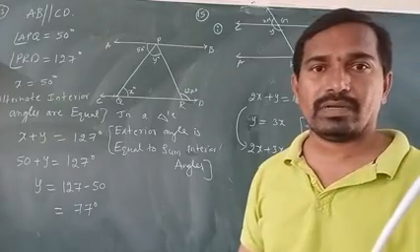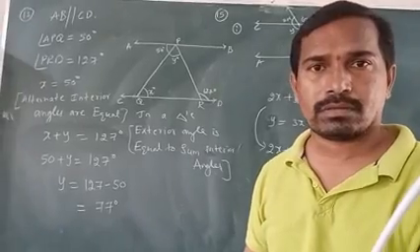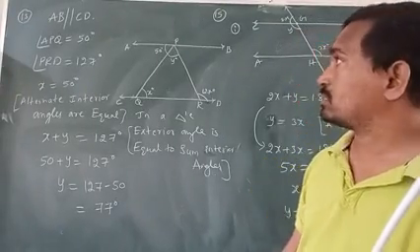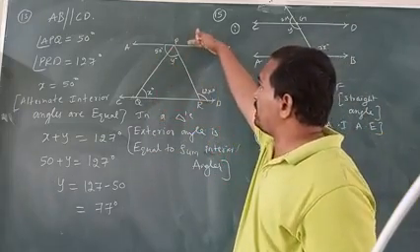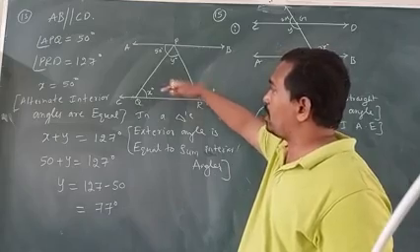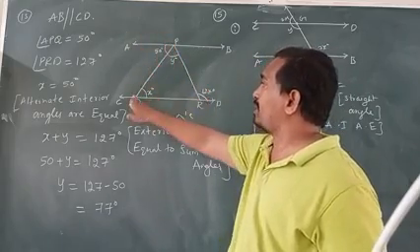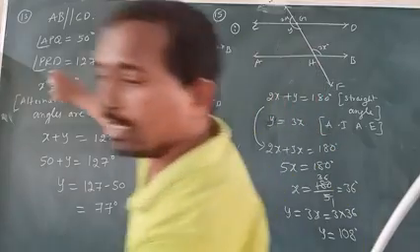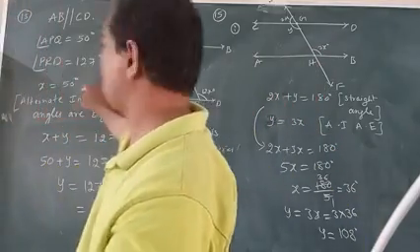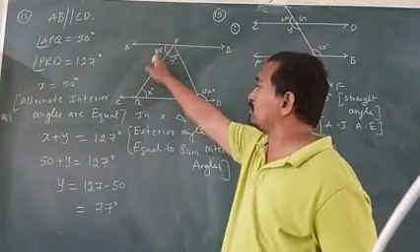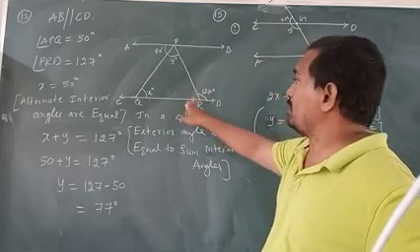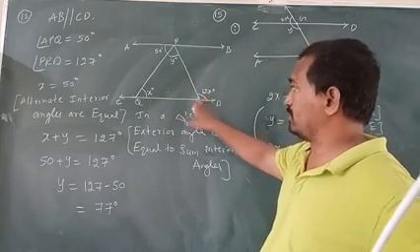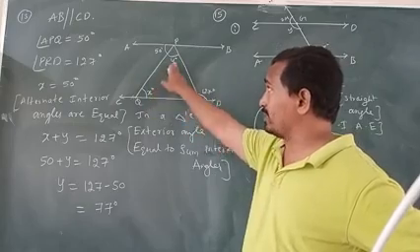See this 13th problem. In this figure, AB is parallel to CD. Angle APQ is 50 degrees and angle PRD is 127 degrees. Find x degrees and y degrees.